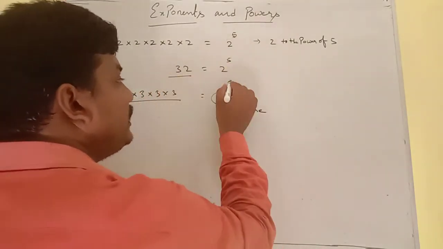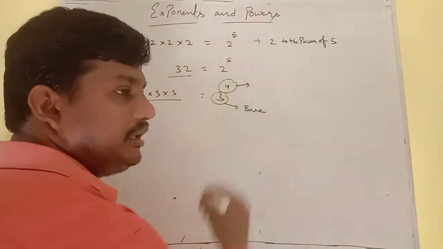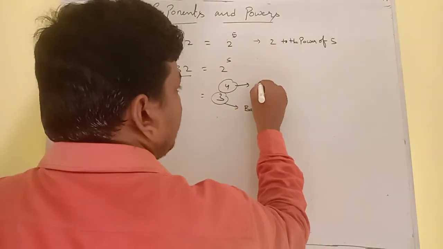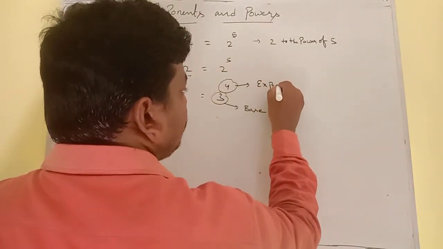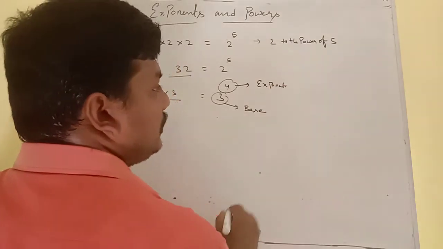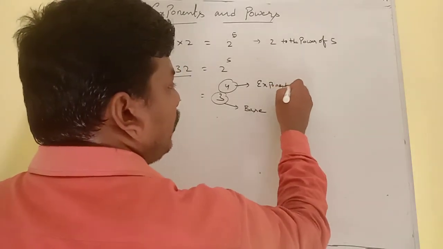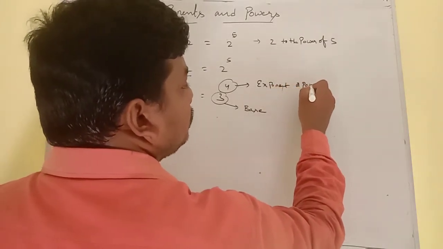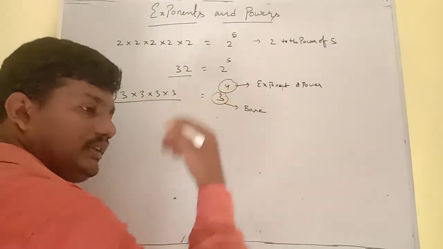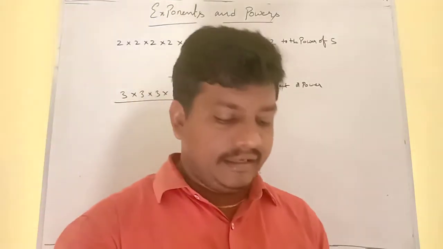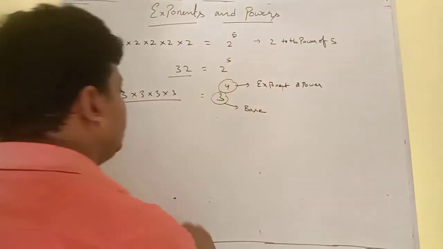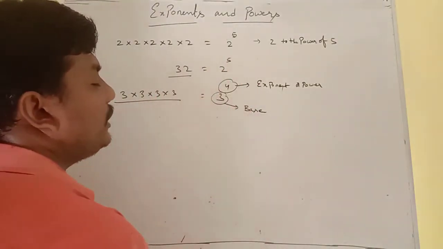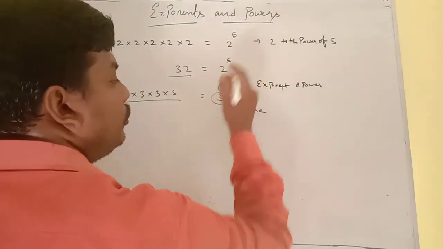How many times it is repeated, the number of times of repeated multiplication, is nothing but the exponent, or power, or index. Indices.